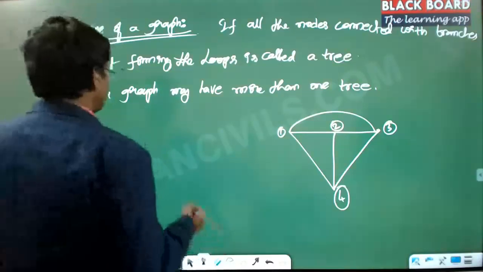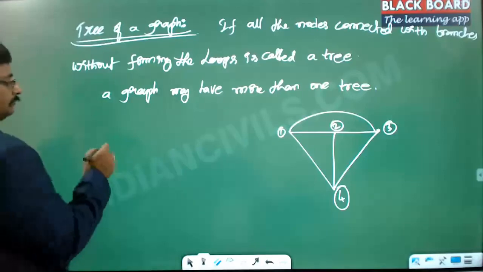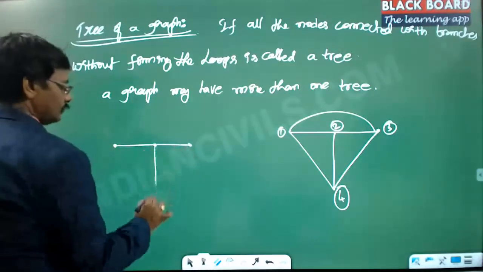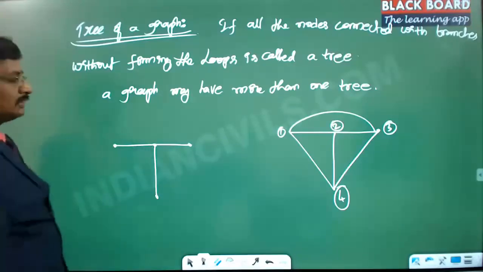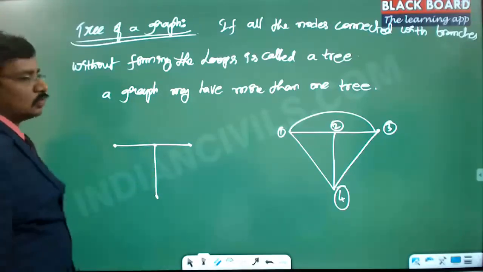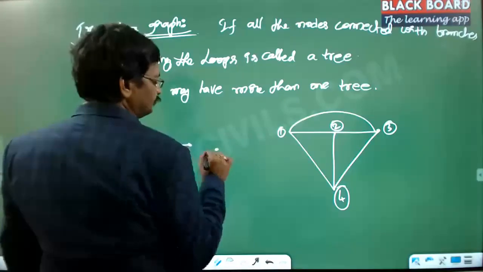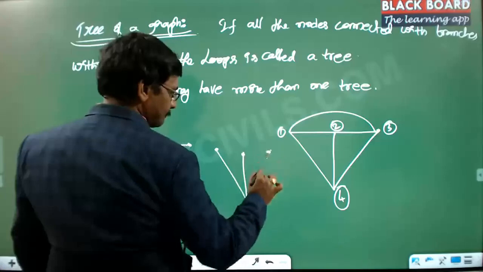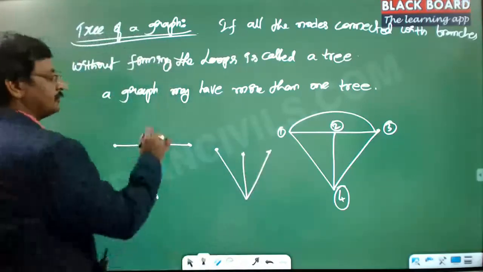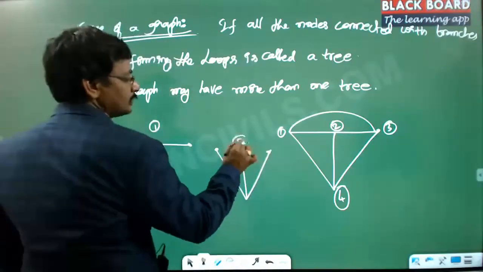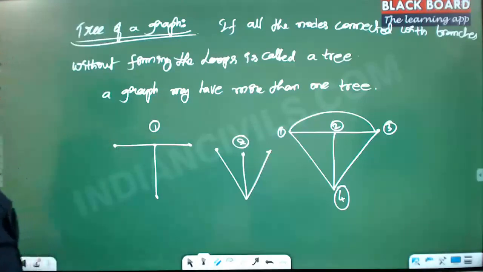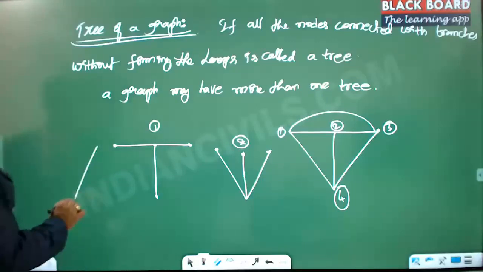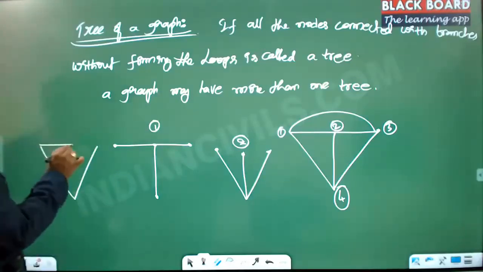Let me show you. Suppose I take 1, 2, 3. This is one tree. Here every node is connected, but there is no closed loop. And this is another tree. So this is 1 and this is 2. And then one more I will draw here, like this, like this.